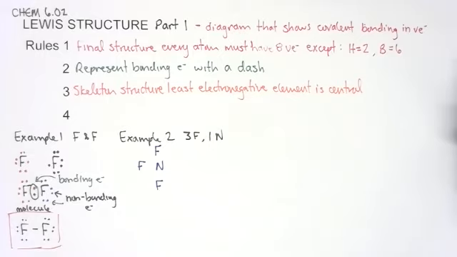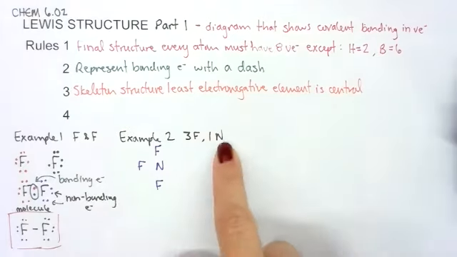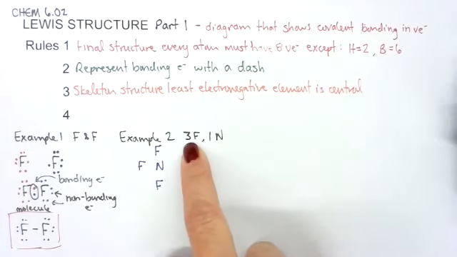But I don't know exactly where to start with this. Well, it turns out that you have to get a total of the valence electrons here and the valence electrons here. Your final structure can't have more valence electrons than we have with 1 nitrogen and 3 fluorine.